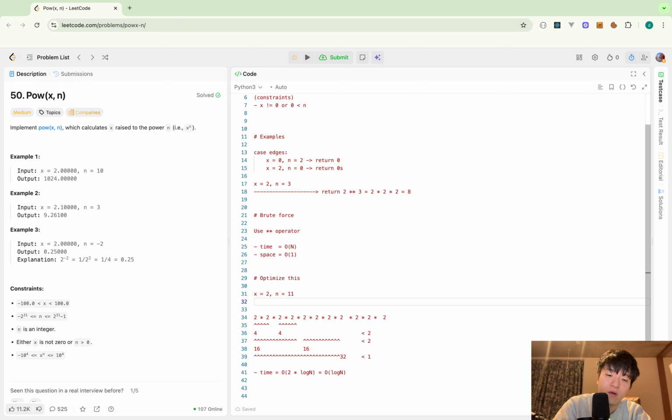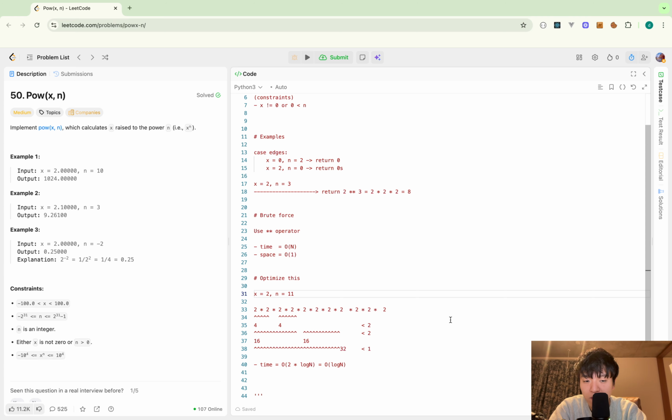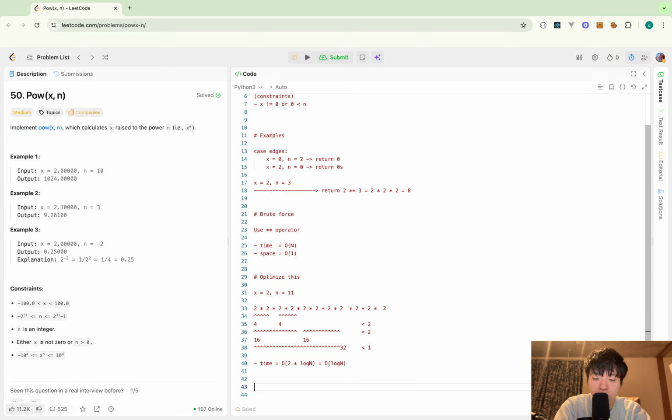Actually, I did it in the bottom up way, but let's think a little bit more. Maybe I can do it in the top down way. Here, I have to multiply 11 times.